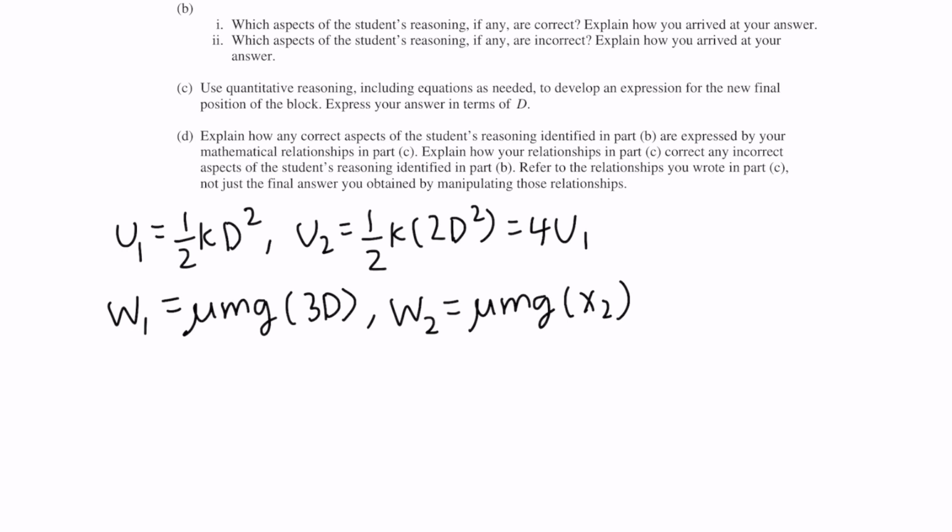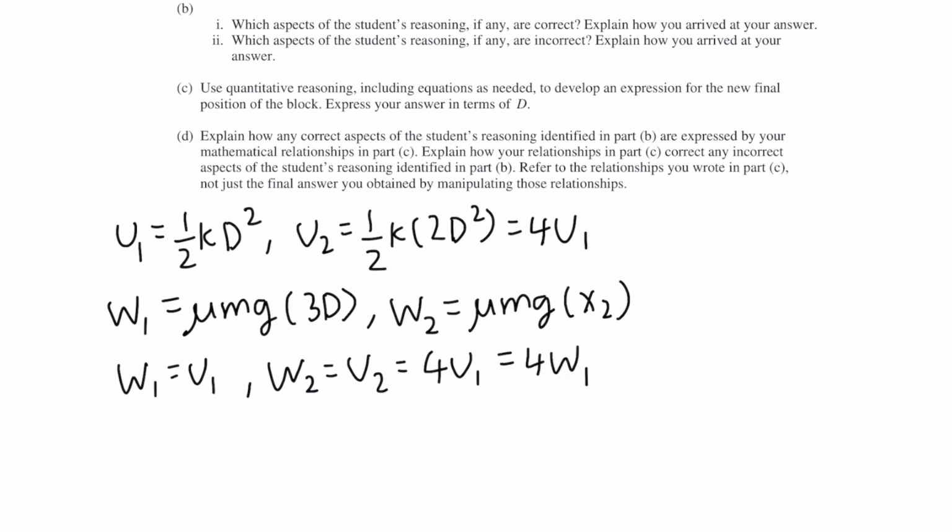So we know that W1 equals U1 because at the end it loses all of its energy. So here W1 equals U1, and then W2 equals U2, which equals 4U1. So that means that W2 is equal to 4W1.